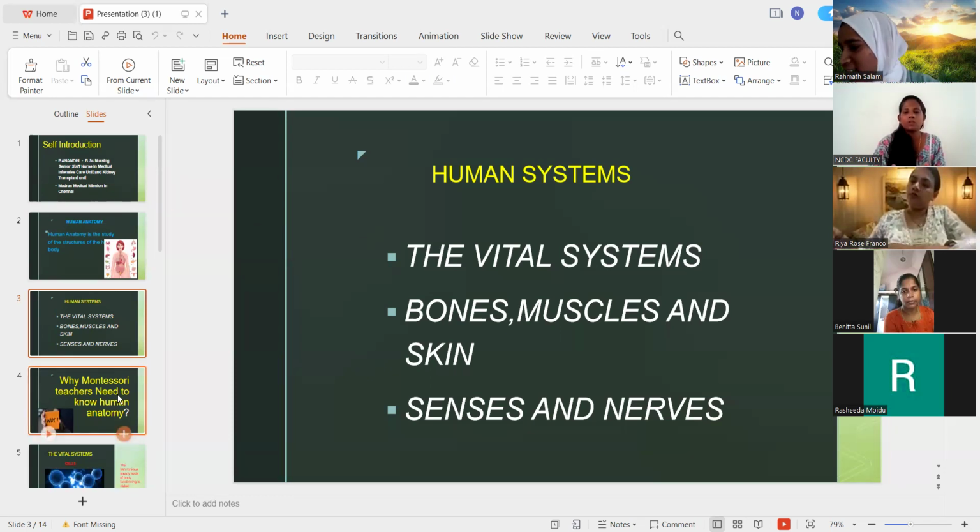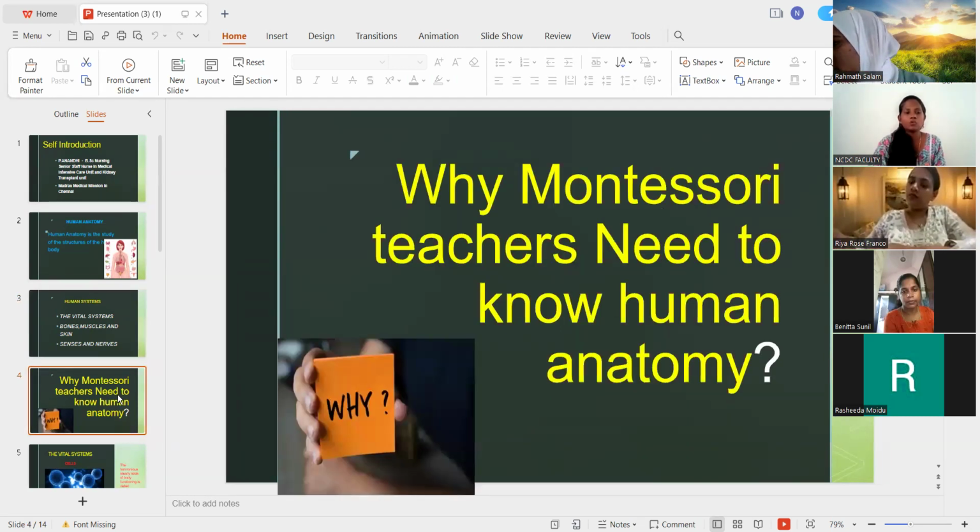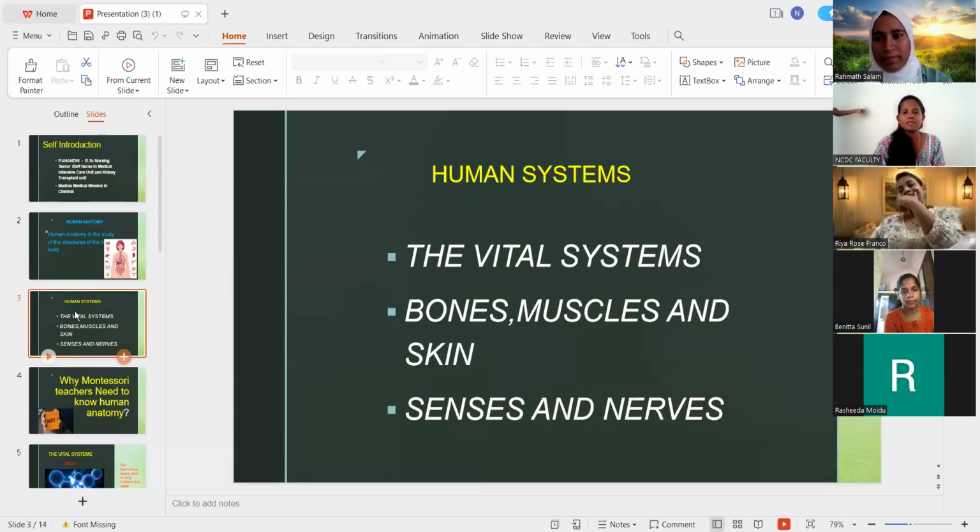After knowing this, I want to share one thing: why Montessori teachers need to know human anatomy. Because of the systems. I have spoken about the developments. The developments involve bones, muscles, and skin. The senses and nerves are related to our sensorial development, neurological development, and cognitive development.